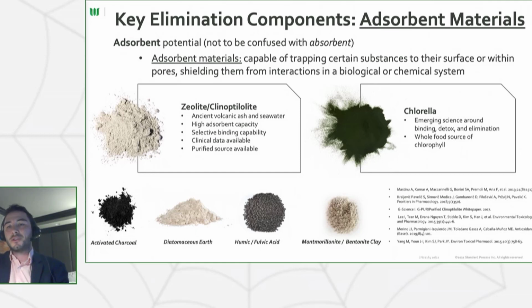Since these are earth materials, it's very hard to remove the excess heavy metals that they bring with them from the earth. So something like zeolite can be purified while retaining a lot of its positive benefits. And then chlorella is a unique one because it is a former living thing, an algae, and it has some emerging science behind it, and it is a very unique source of chlorophyll.